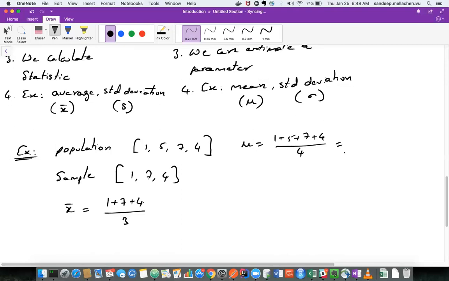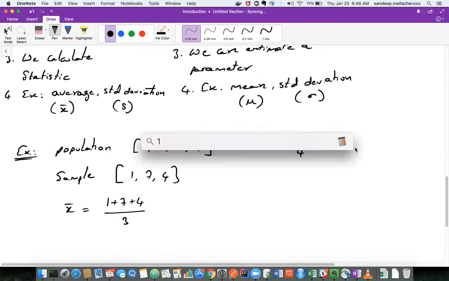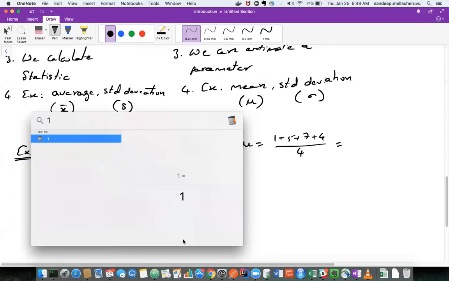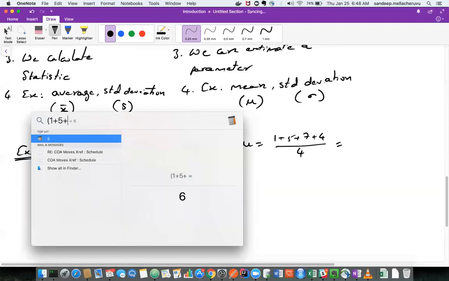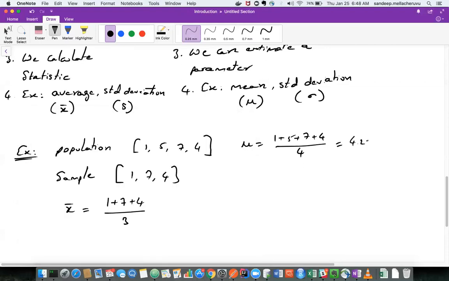How much is it? 1 plus 5 plus 7 plus 4 is 17, divided by 4 is 4.25. And X bar is 12 by 3, which is 4. Now, is X bar the same as mu? X bar is not the same as mu, right?